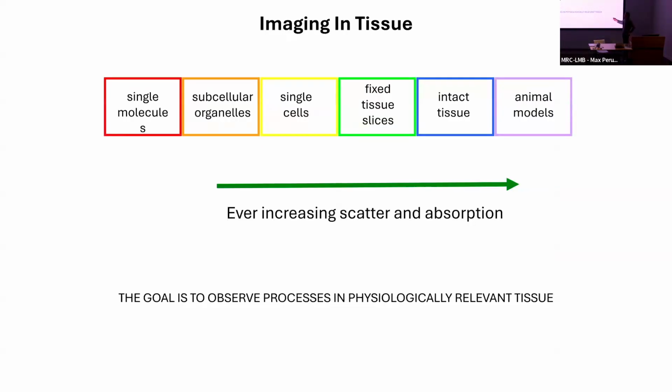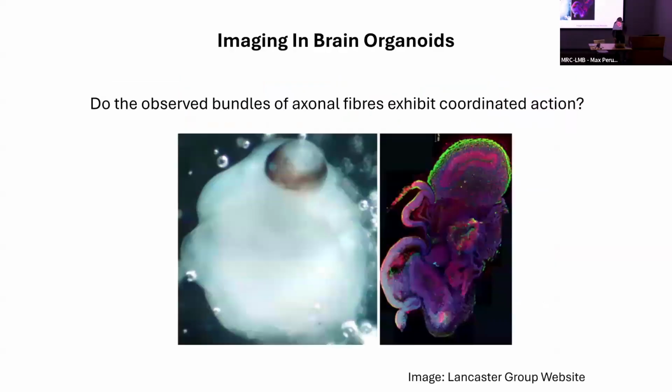Right, I'm just going to go into imaging in tissue. So here we've got to deal with ever-increasing scatter and absorption, but scatter is particularly bad. So the goal is to observe processes in physiologically relevant tissues. This is some work of the Lancaster lab. These are brain organoids.